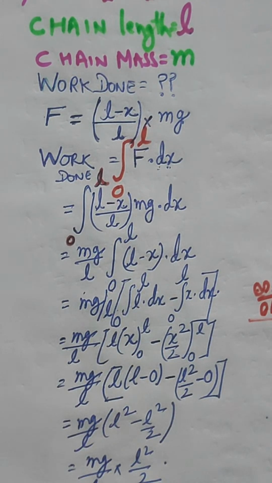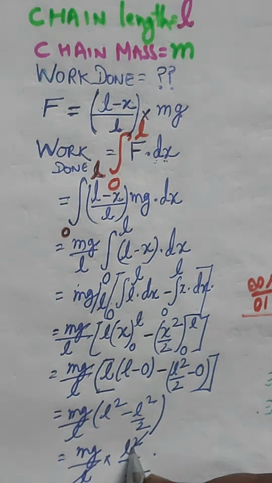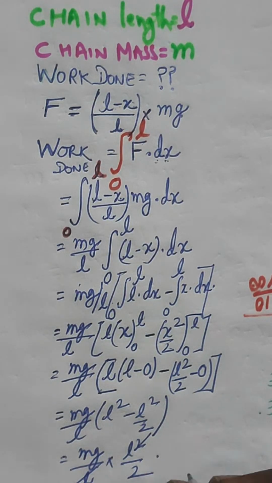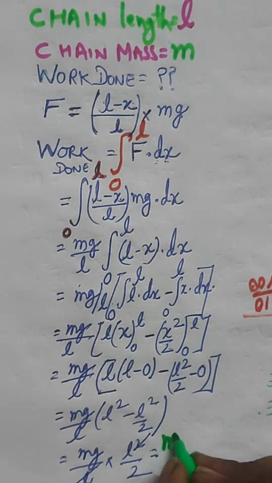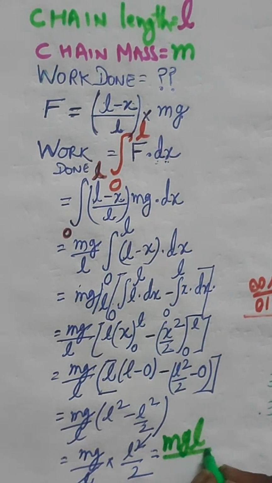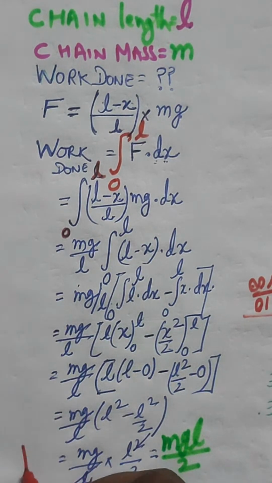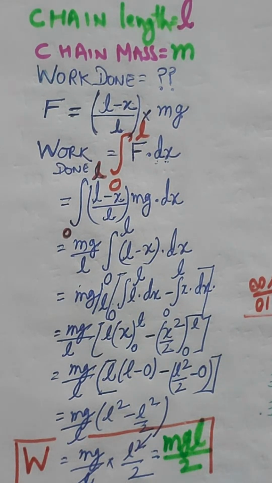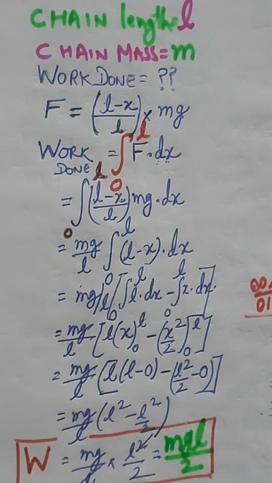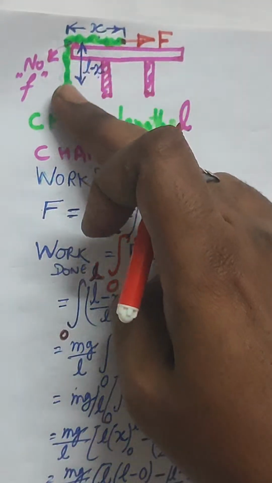So this is the total work done, and here you can see one of the L will cancel out, so this will give you mgL by 2. mgL divided by 2 is the total work done in pulling this chain, which was hanging on this table like this.